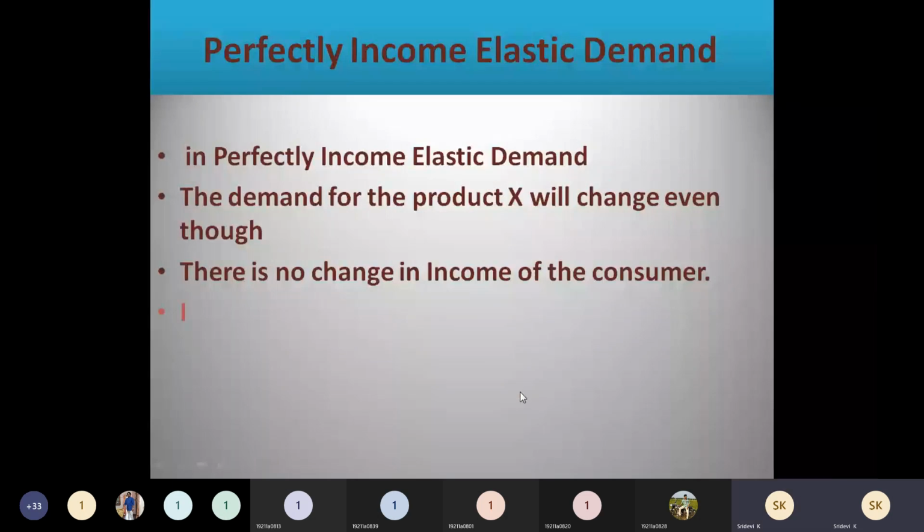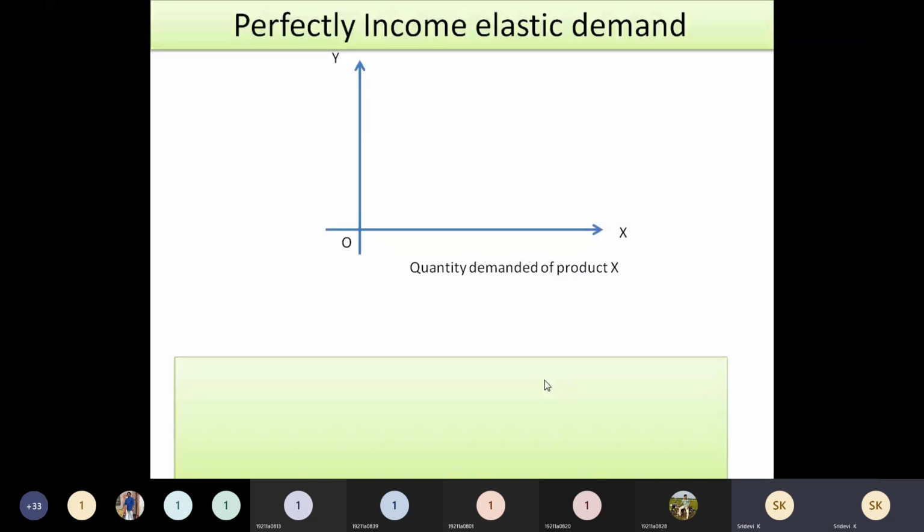X-axis is always quantity demanded of product X. Only the y-axis will be changing. Instead of price, you take it as income here. So draw the demand curve. Name it as DD. Instead of P, you take it as I, OI, because it is income.